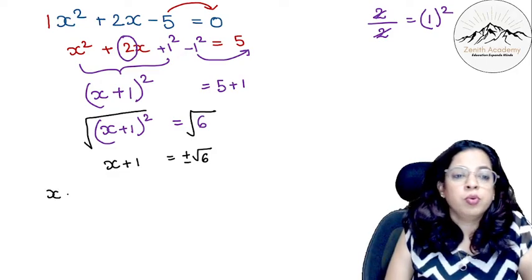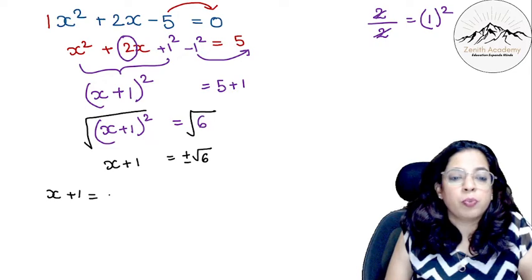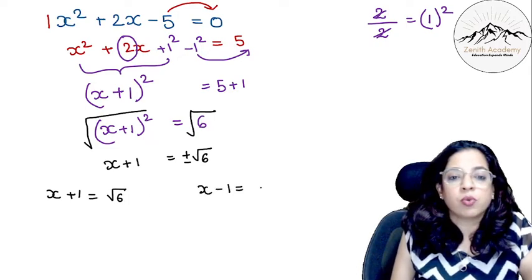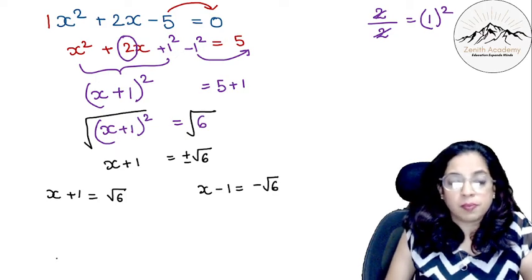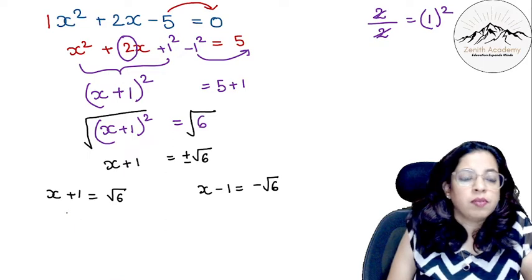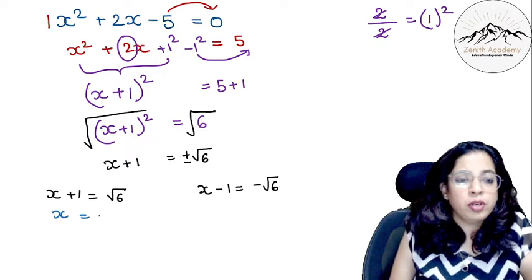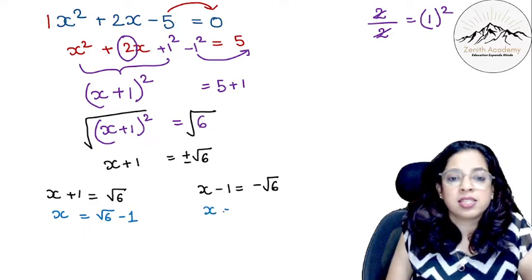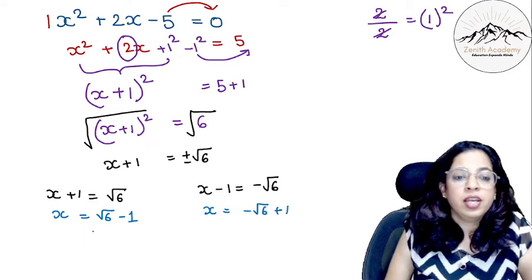So what you can do, x plus 1 is equal to positive root 6 and x plus 1 is equal to negative root 6. Correct? So now we can say x is equal to root 6 minus 1 and x is equal to minus root 6 minus 1. You can rearrange also.